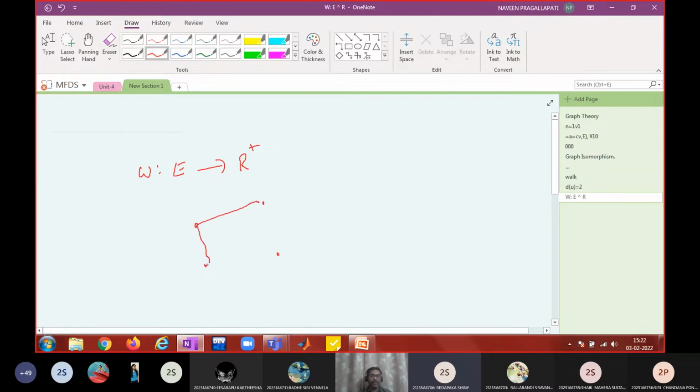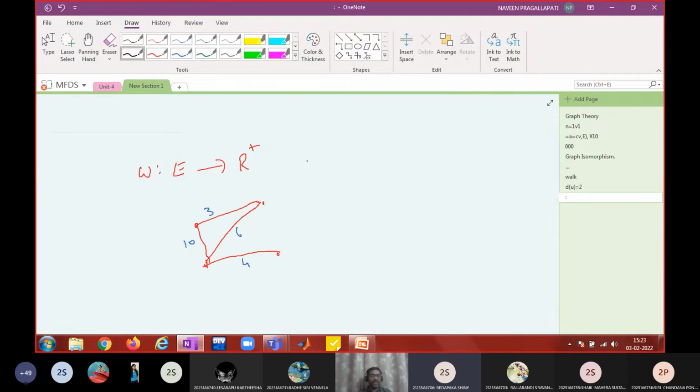then we may call it a weighted graph. If I write 10, 3, 6, 4, they are not the edge names, but we are assigning some weights to these edges.